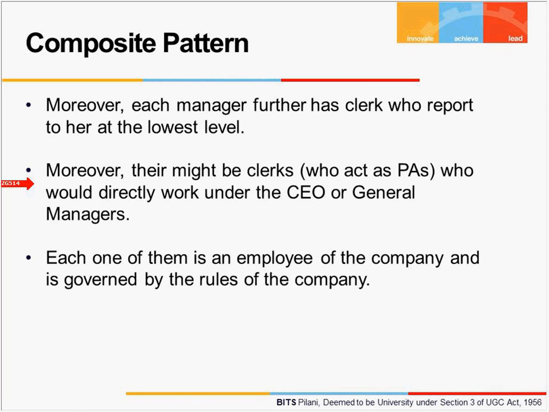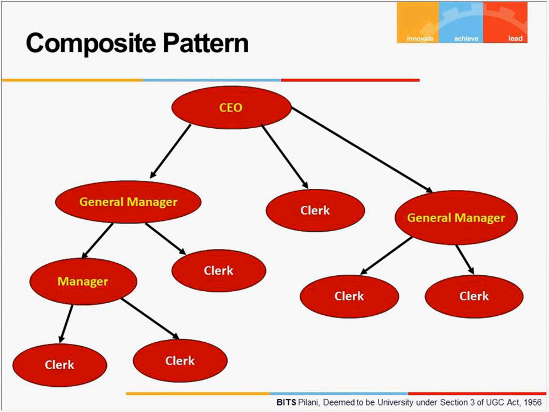So we might have, say for example, a structure like this. CEO, there are general managers, there's a general manager here, there's a general manager. This particular general manager has a manager working under him. The manager has two clerks under him.